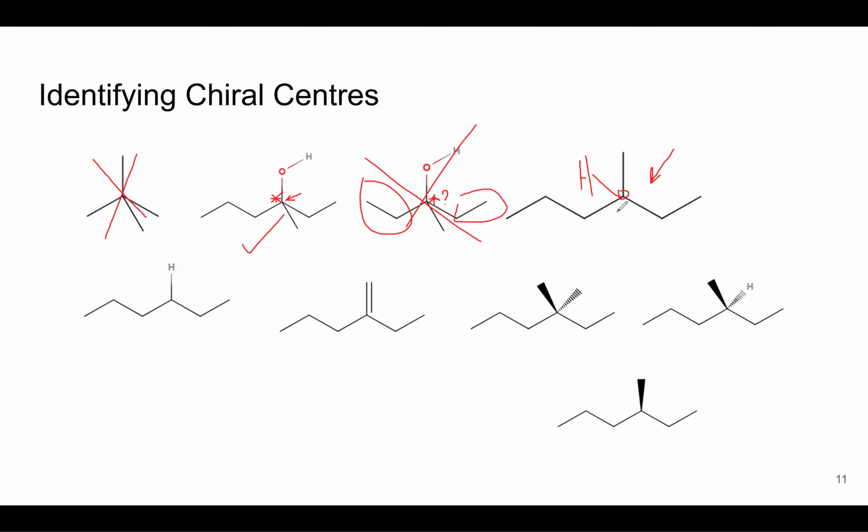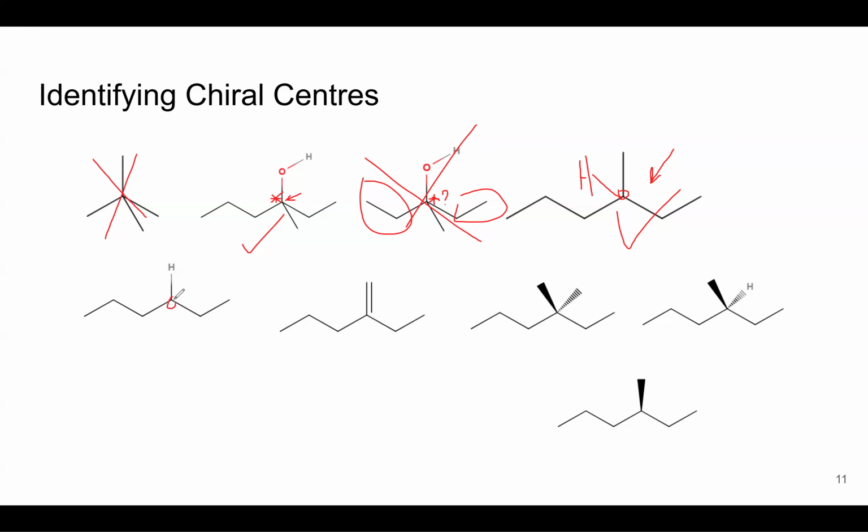This carbon is chiral, and the compound is chiral also. So a chiral carbon doesn't mean a chiral compound, but a chiral compound almost definitely has a chiral carbon or another chiral atom, but we're mostly just going to be dealing with carbon in organic chemistry.